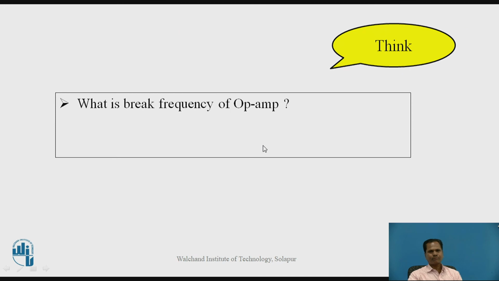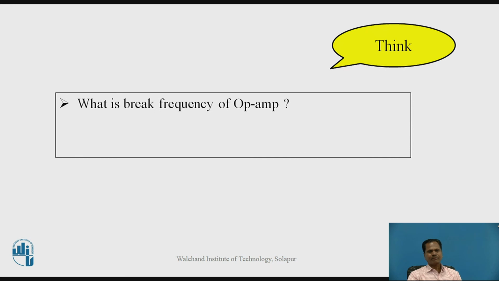Now the student can pause the video here and think over this question. What is the break frequency of an operational amplifier? Try to answer this question. The frequency at which the voltage gain of the operational amplifier falls down by 3 dB.